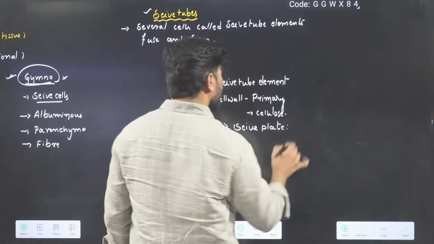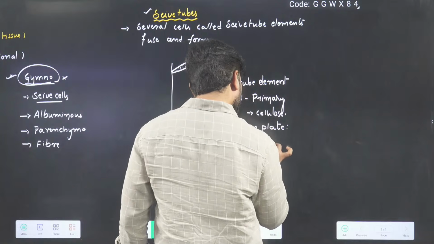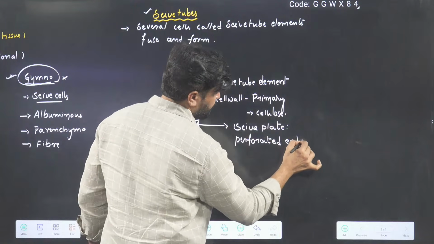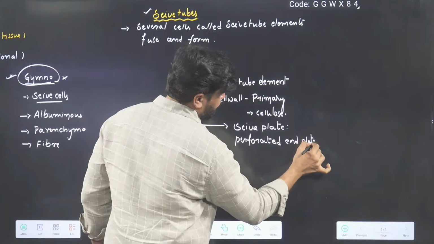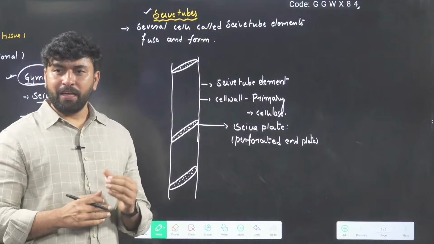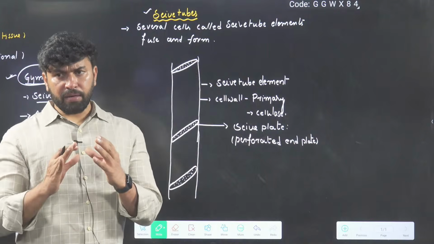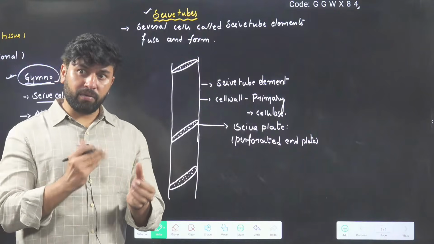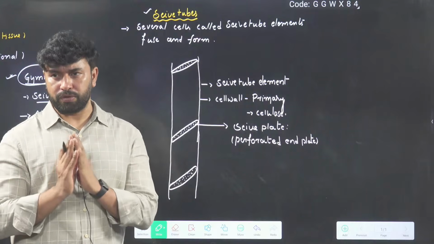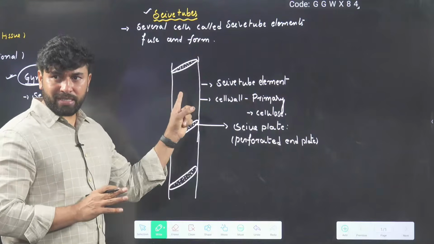Sieve plate is nothing but perforated end plate. The word perforated end plate, you have even seen between two vessels. Same, but there the walls are secondary, here the primary walls have a certain amount of pores. This is the sieve plate. Then go to one cell.